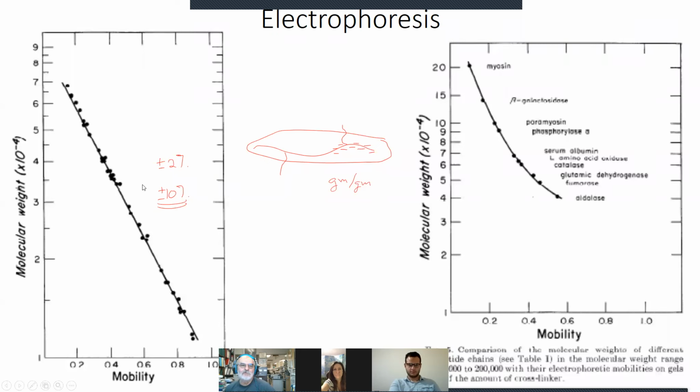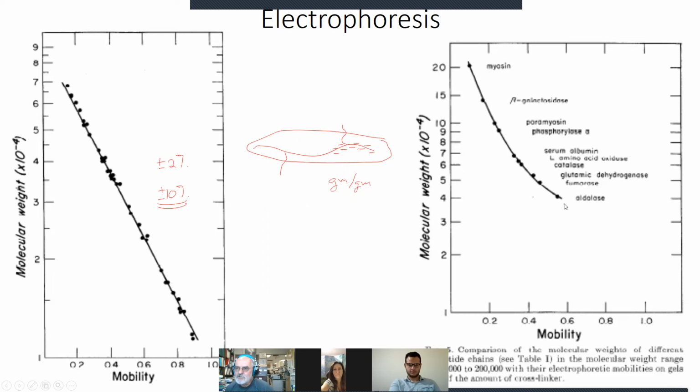On the right, they're showing you that above a certain molecular weight, this curve necessarily is not linear. They don't have a method that gives you a completely linear plot from 13,000 to 200,000. So you end up having to run a different kind of gel, with slightly different pore sizes and slightly different gel concentrations, and you end up with a curved plot, in this case going from 40,000 to 200,000.